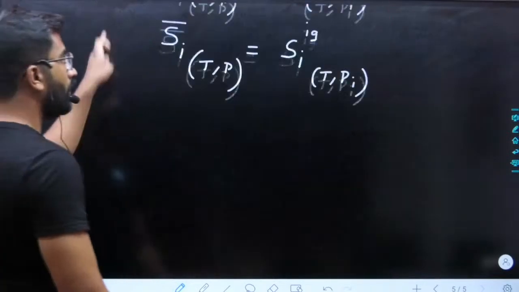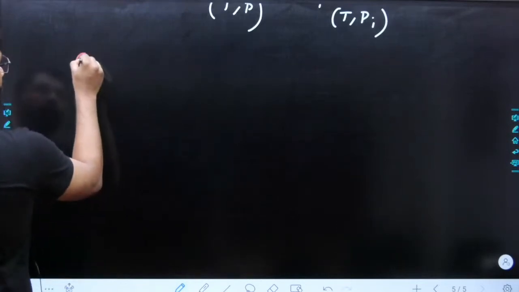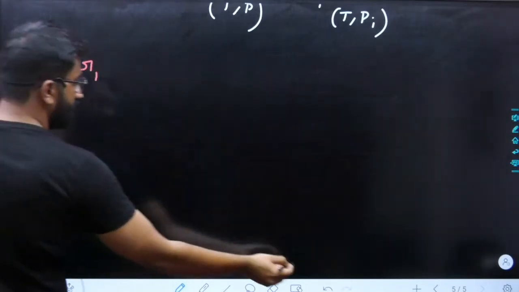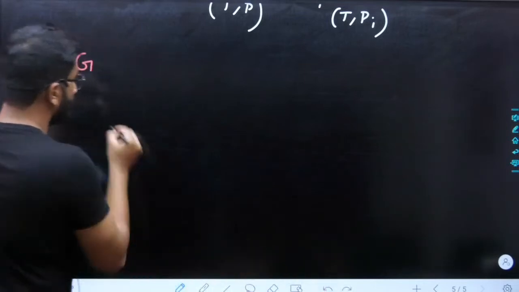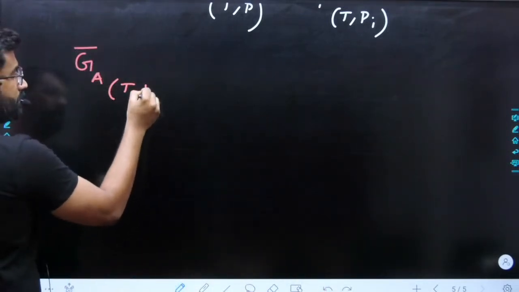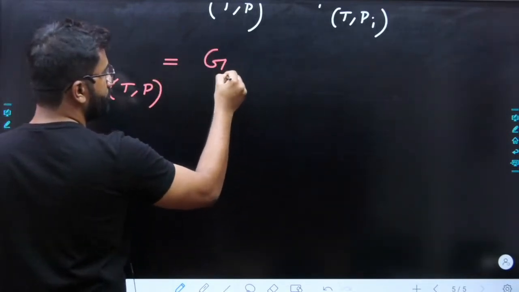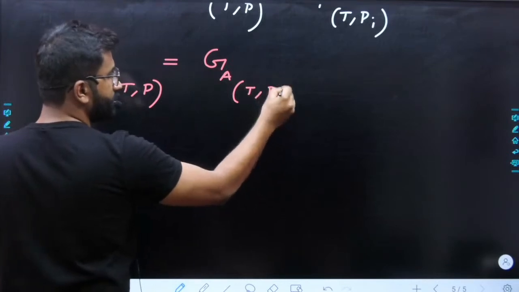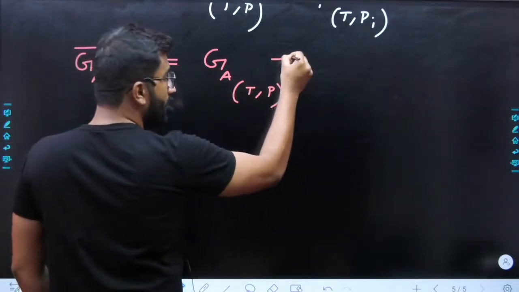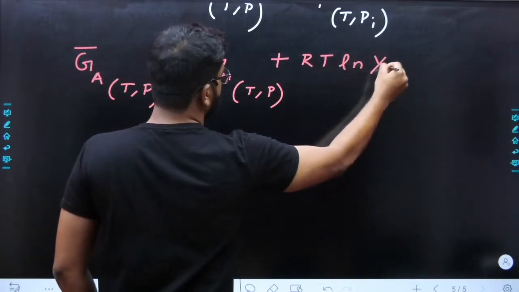Now you can see here, if you want to write this equation, Gibbs free energy of component A in the mixture is equal to Gibbs free energy of component A at the same temperature and pressure, you have to add a term RT ln YA.